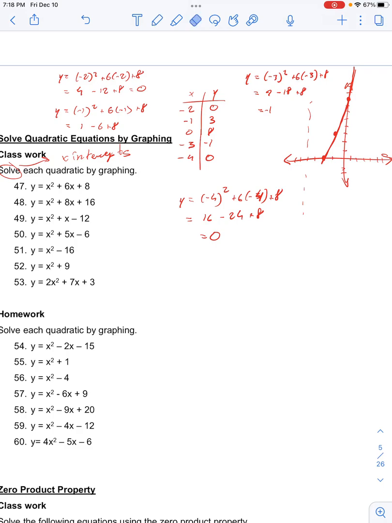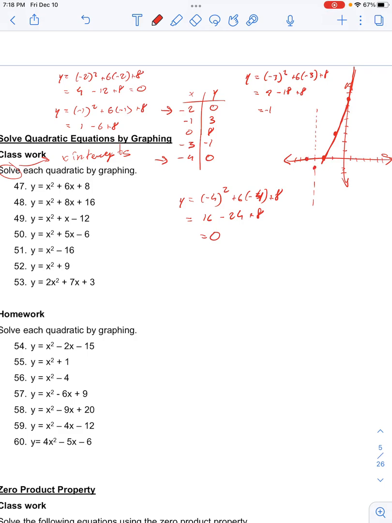So our axis of symmetry will occur at the average between this intercept and this intercept. So that'll be -3. So our axis of symmetry is at -3. And at -3, we found the value to be equal to -1.